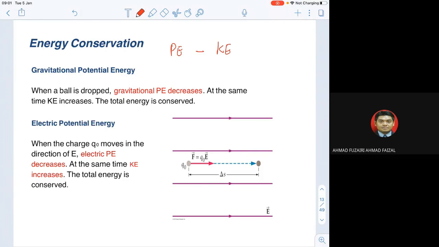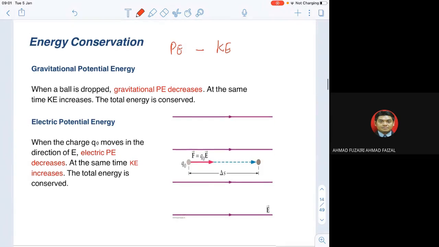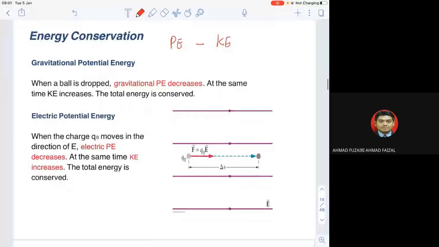And what can we say about electric potential energy? When the charge Q moves in the direction of the electric field, the electric potential energy decreases, and at the same time the kinetic energy increases. The total energy is still conserved.